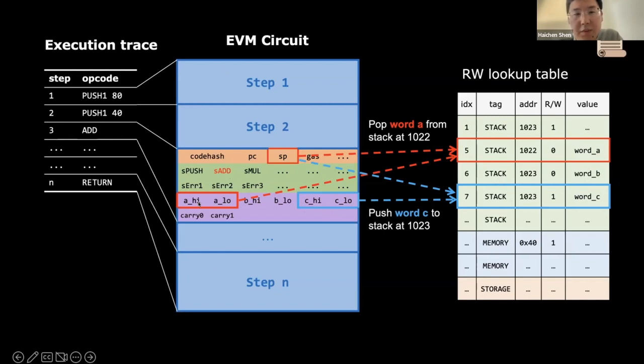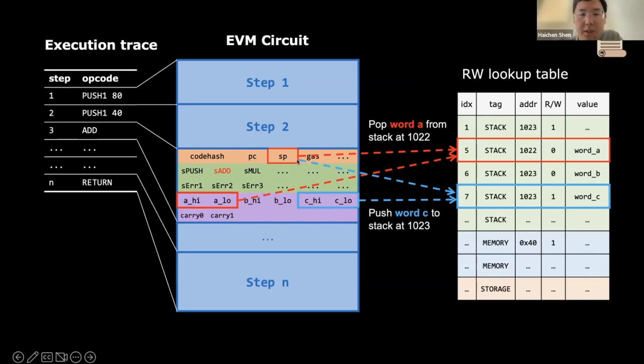So the EVM circuit checks the relationship between different reads and writes. If you don't find a match, it could be either wrong inside the EVM circuit or something wrong inside the other lookup tables. That means, if, sorry. Go on.